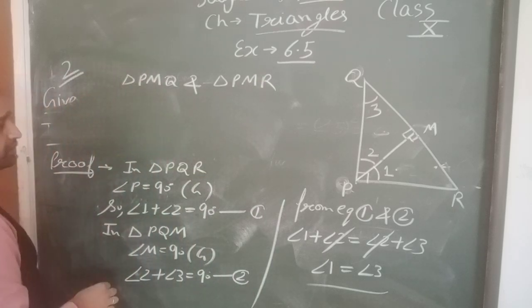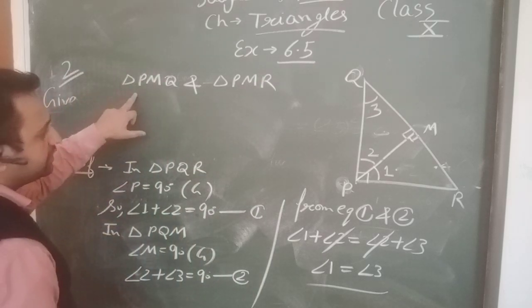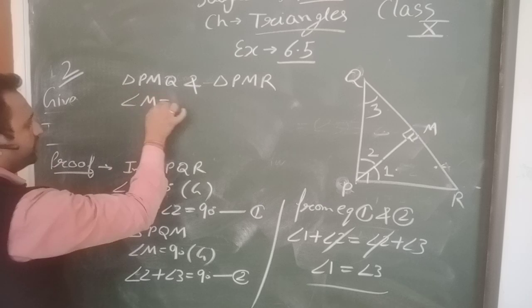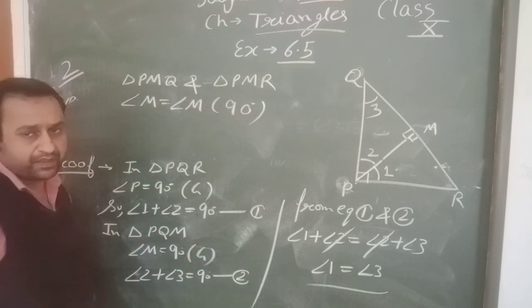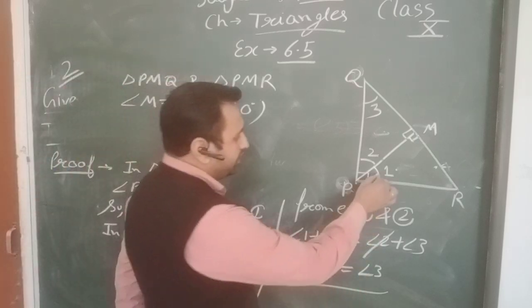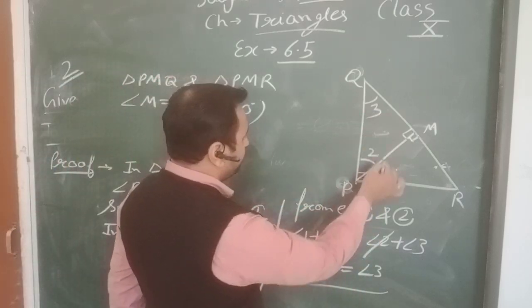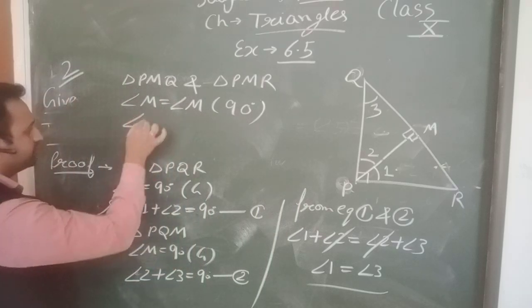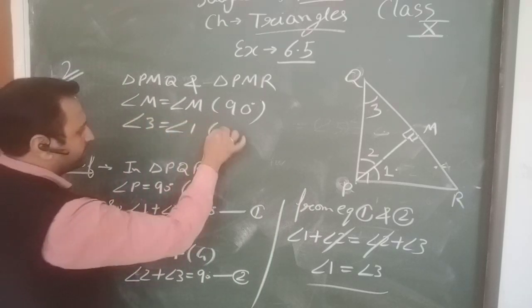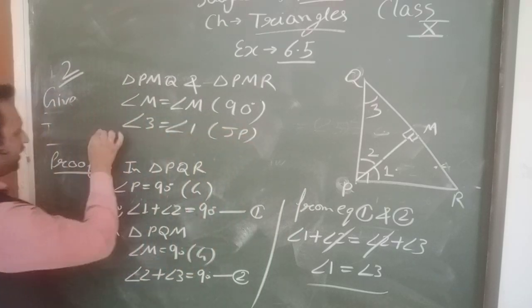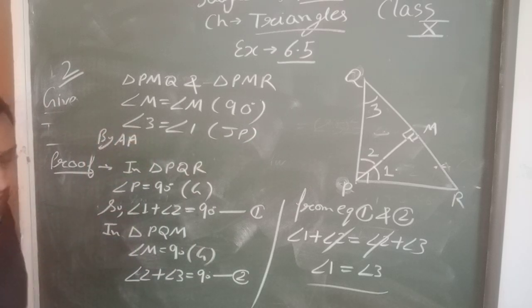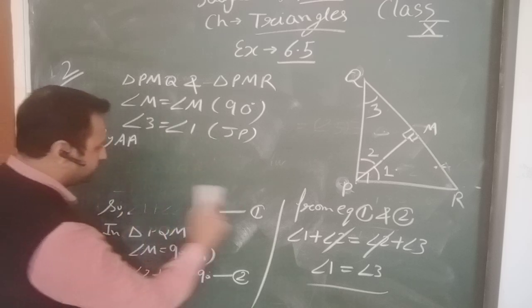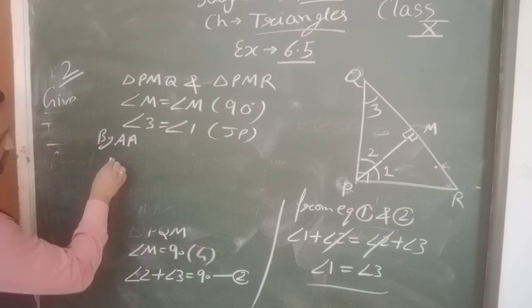In these two triangles, firstly angle M is equal to angle M, each 90 degree, and the second, angle 3 is equal to angle 1, just proved. So by AA criteria we can say that these two triangles are similar.